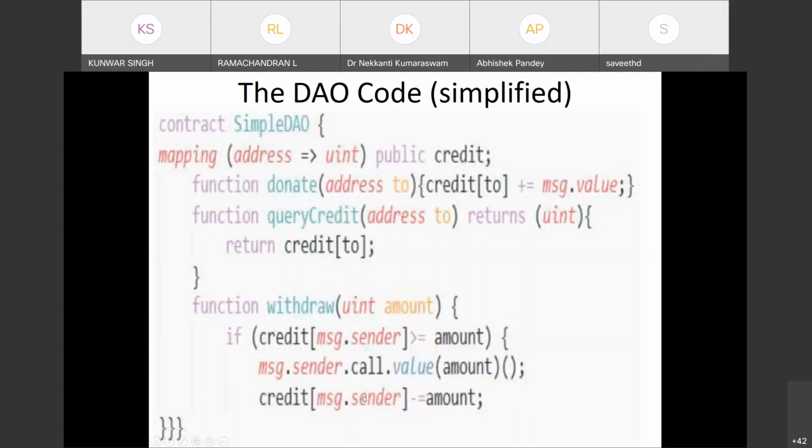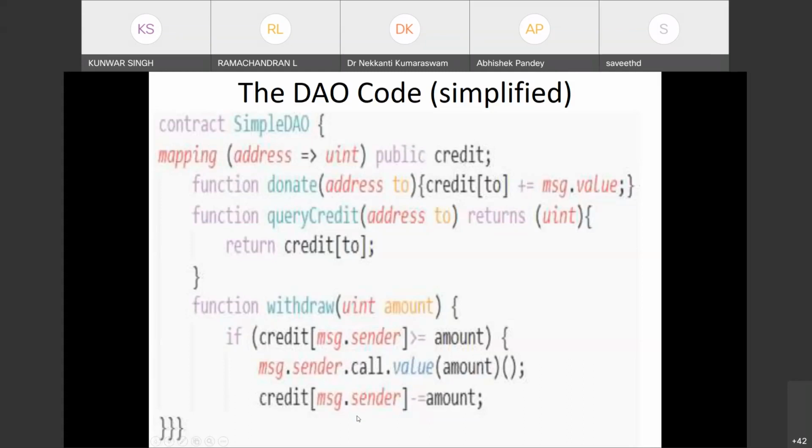Now suppose I want to withdraw some money. This is the code. Withdraw amount: if the credit in my account is more than the amount, then only I can withdraw. Then they will send the money to my account using call, the function through which one can send money, as you have seen. Call.value, the amount, they will send it.